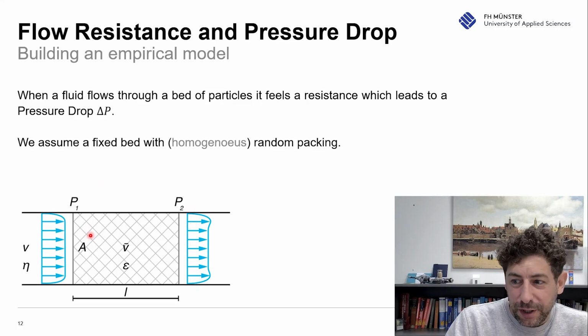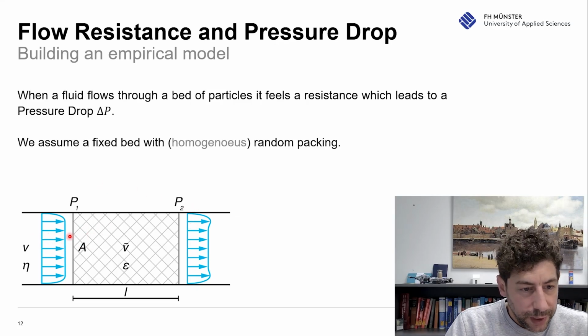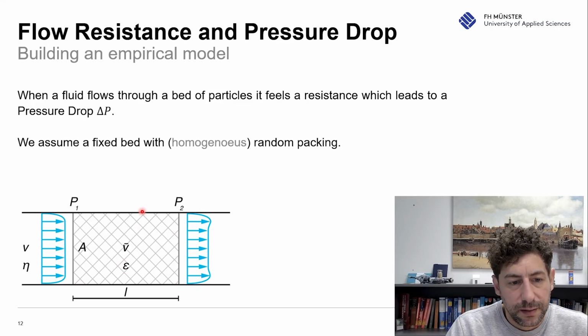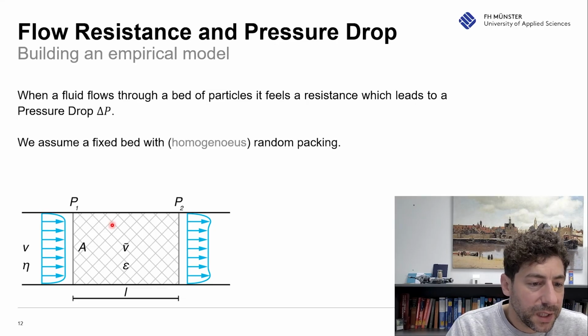So we have this picture here, and this means we have a flow going in, and here we have a bed of particles, and now we don't know much about it, and this is why you see just this diamond shape pattern. But we know we have a pressure here and a pressure here. This pressure is higher than this pressure.